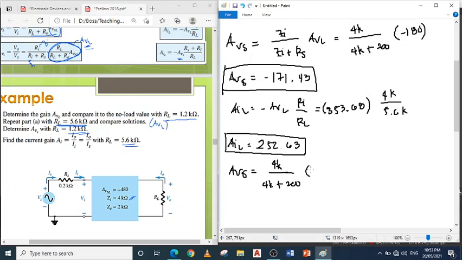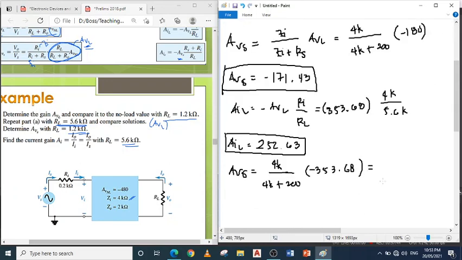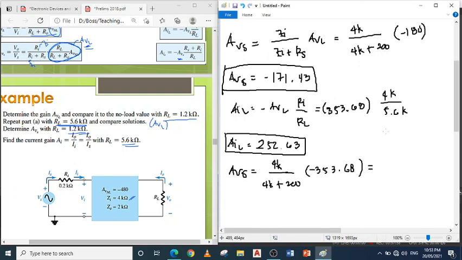So we have negative 353.68. So, ang AVS natin ay 4K times negative 353.68 over 4K plus 200.